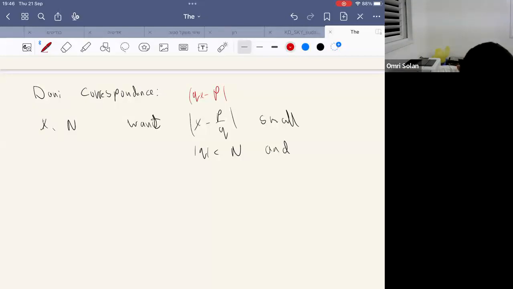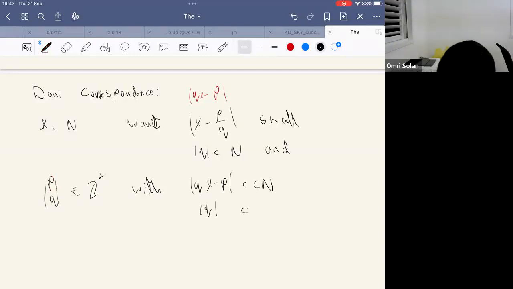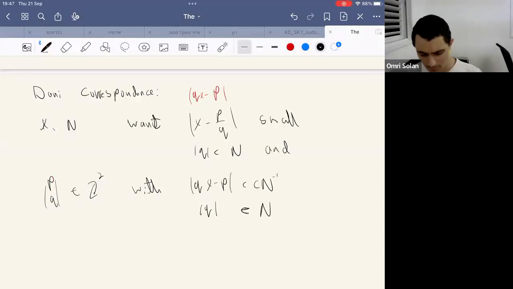Okay, now if you look for the collection of p over q inside Z squared with qx minus p less than c n inverse, and q less than n, then we can see that we have a lattice and some convex condition on our vectors.